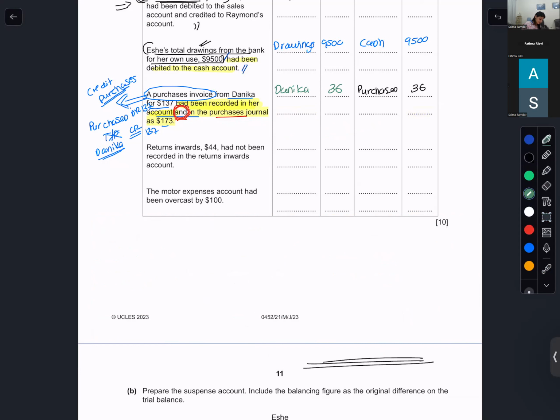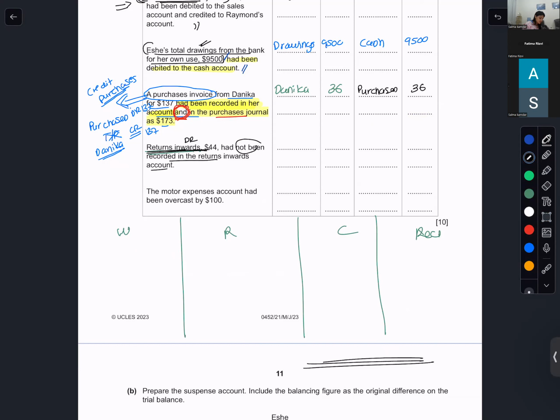Mahad, read. Return inwards, $44, had not been recorded in return inwards journal. Okay, come on. Return inwards. What is this? Sales return. Sales return has what balance? Debit balance. So return inwards 44 had not been recorded.